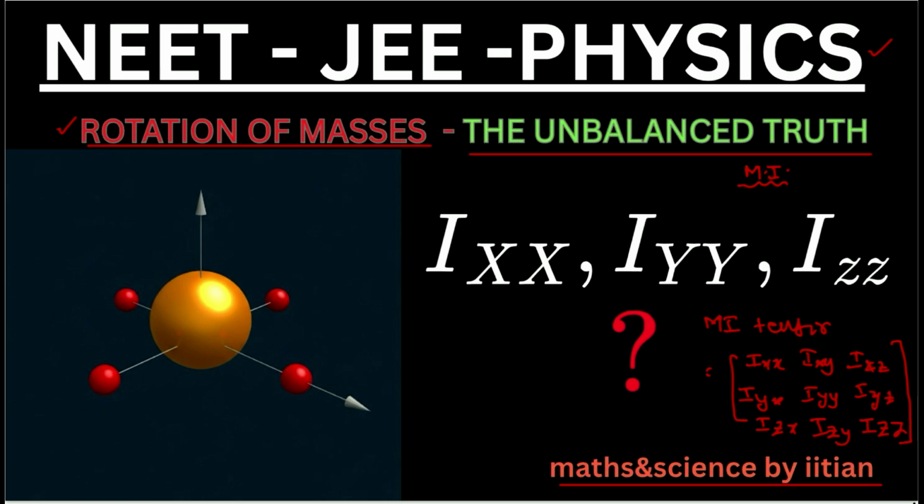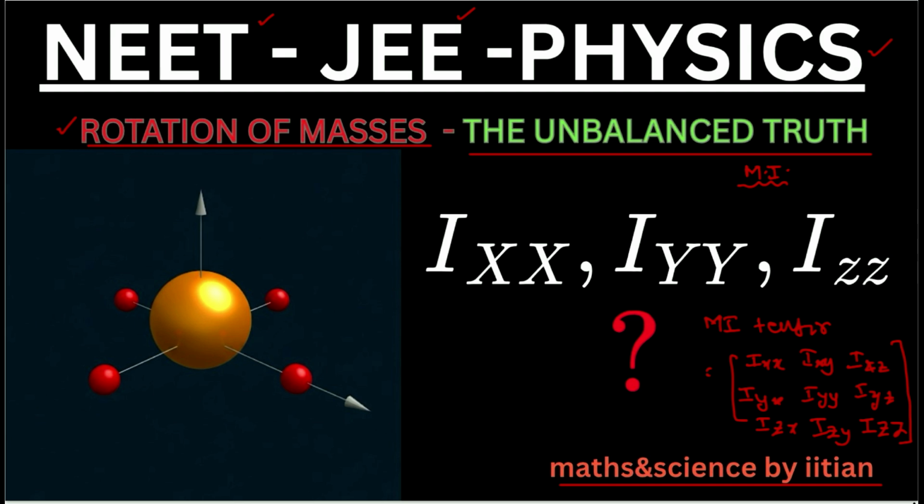This is a very important topic because, with masses placed at different places in different directions, we are able to collectively find the moment of inertia of the system. Let us dwell into the problem. This type of problem does come in NEET physics and JEE physics.